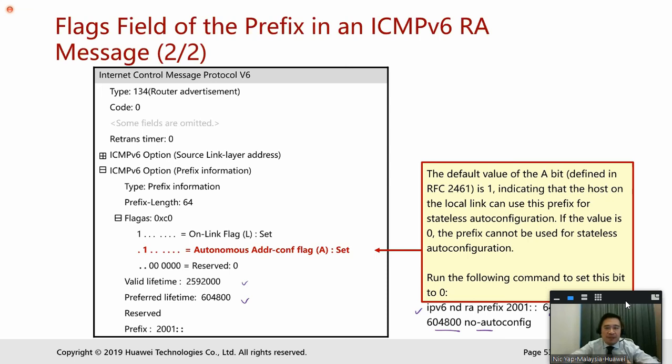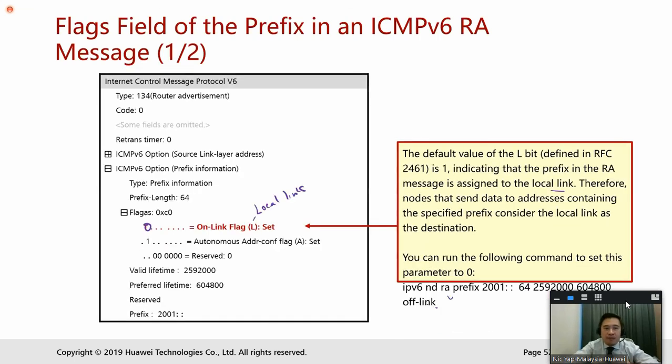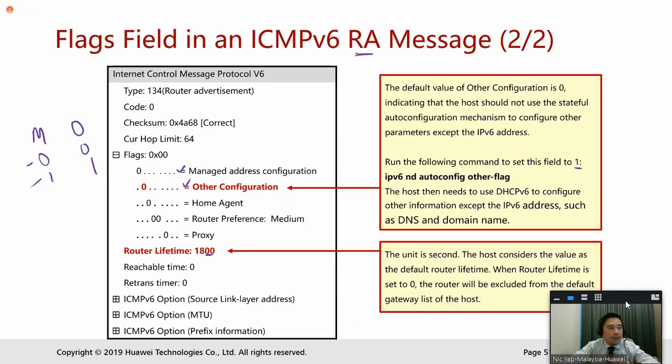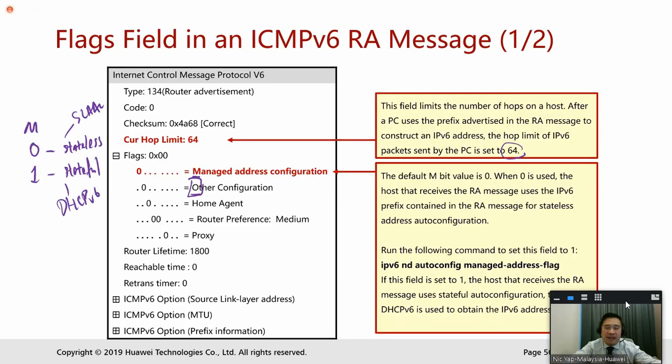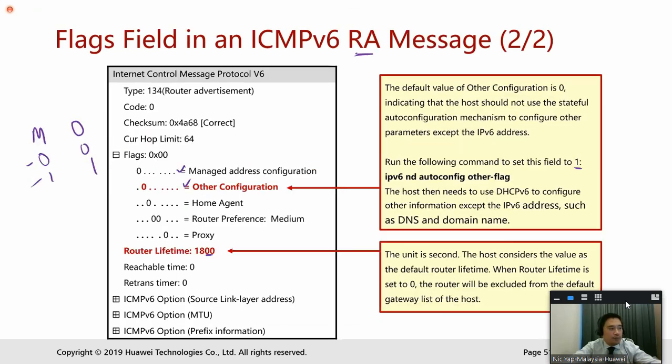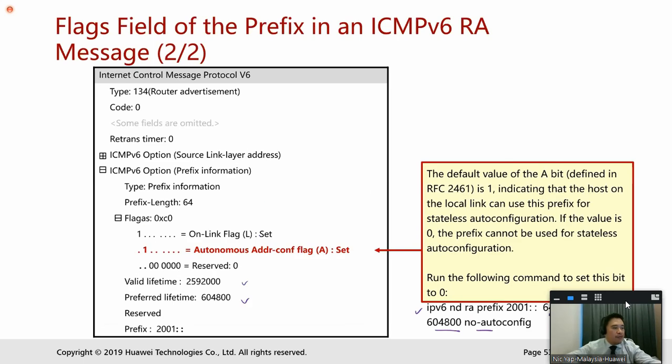The router advertisement includes more information from here: managed address, other information, and also the valid lifetime, the host lifetime, and so on. They have a preferred lifetime and a valid lifetime. This will all be shown from here. So far, okay. So these are the flags on the ICMPv6 RA messages.